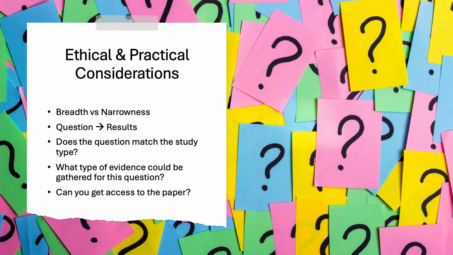Next, ask whether your question is matching the study type that you're finding. There will be questions that you ask, good evidence-based questions, for which there simply cannot be an ethically produced randomized controlled trial. Or practically, you might not be able to find that high level of evidence.